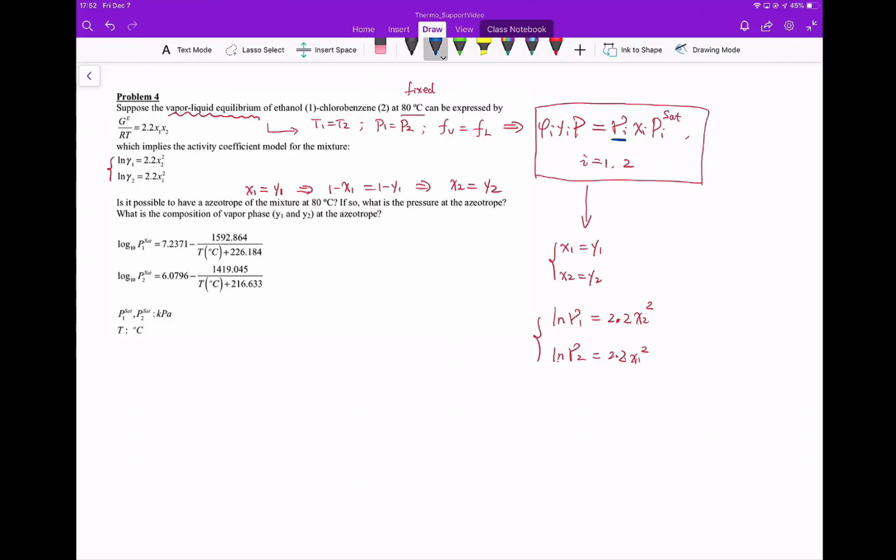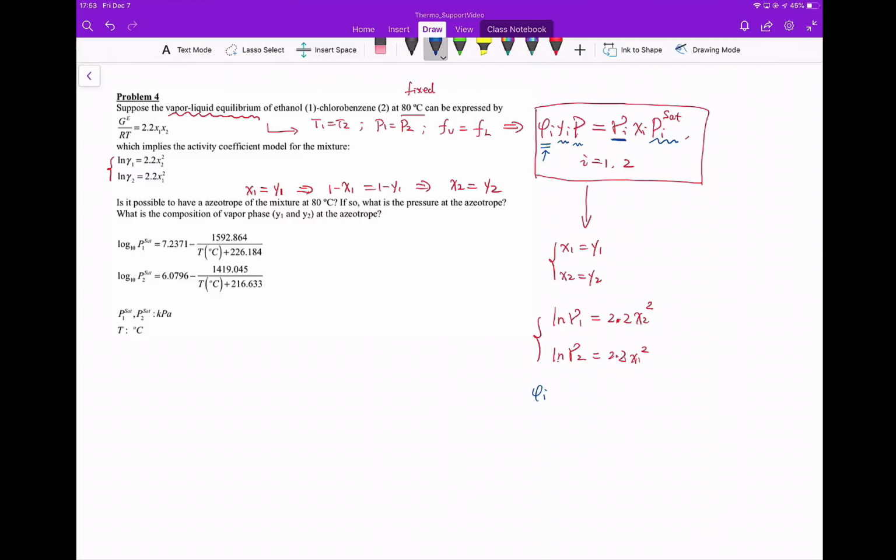For the Pi sat, we have the two Antoine equations, so we shall be able to figure out y1 would be the same as x1. P total is coming from the two components, so we can figure that out. But what about the fugacity coefficient?